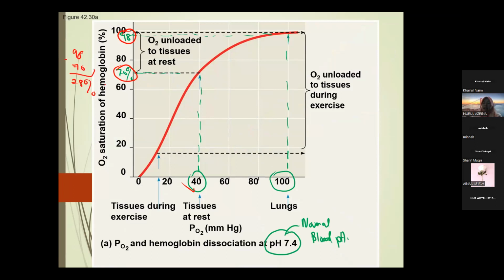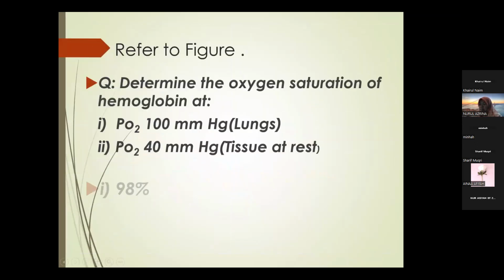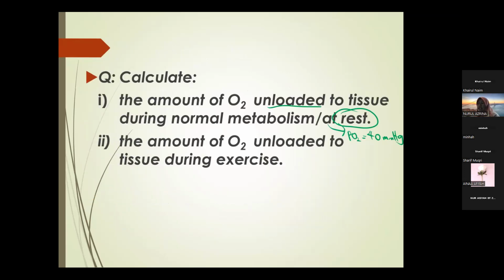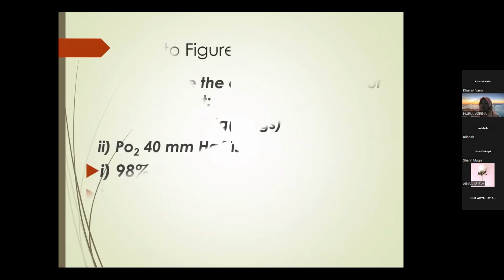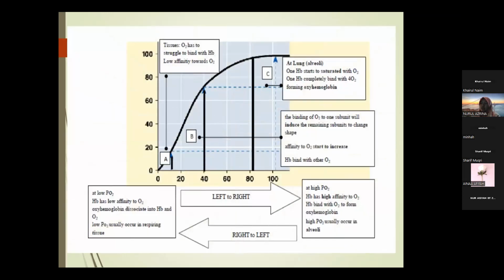And what about the other question just now? Amount of oxygen unloaded to tissue during exercise. Okay, what is the partial pressure of tissue during exercise?